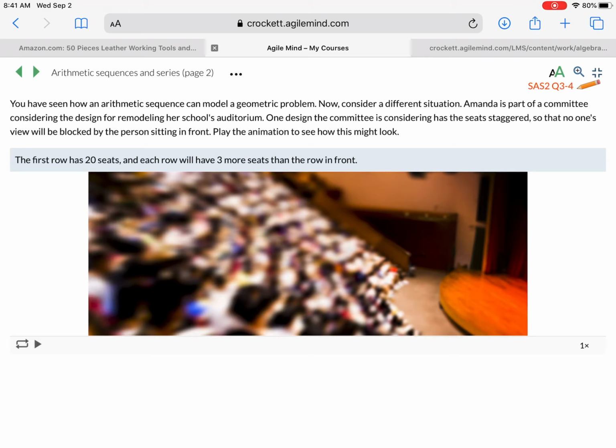Now, let's consider a different situation. Amanda is part of a committee considering the design of remodeling her school's auditorium. One design the committee is considering has the seats staggered so that no one's view can be blocked by the person sitting in front. Play the animation to see how this might look.